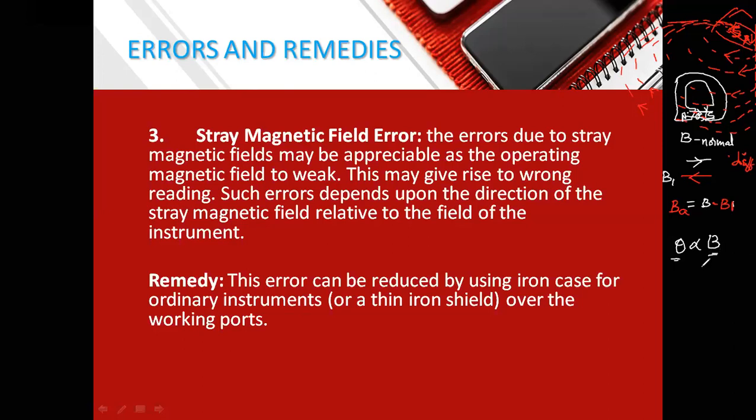So now, if under normal condition, full scale deflection was for I equals 5 ampere, but under effect of stray magnetic field, full scale deflection is seen at I equals more than 5 amperes, because even though you give 5 amperes, B is getting reduced. B gets reduced.